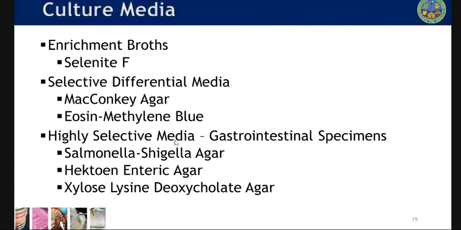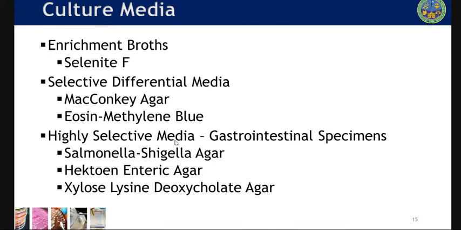So the different culture media that you may happen to use in the isolation of Enterobacteriaceae would include enrichment broths, particularly if the dosage of the bacteria in a particular specimen is expectedly low, then you try to enhance them first before you plant them in various selective differential media.